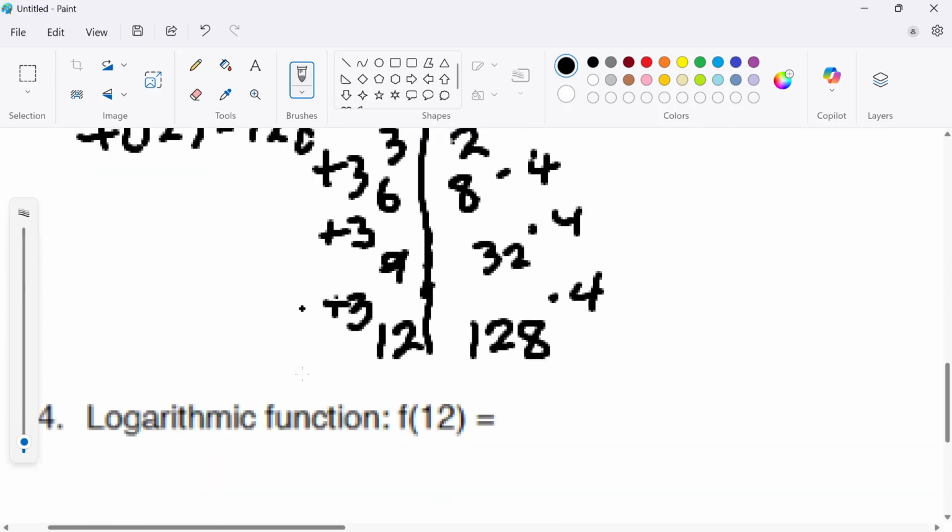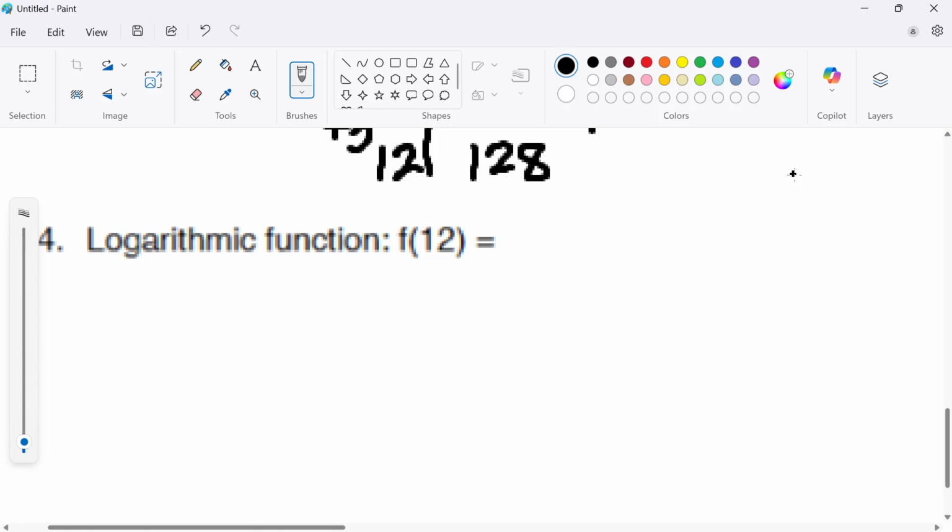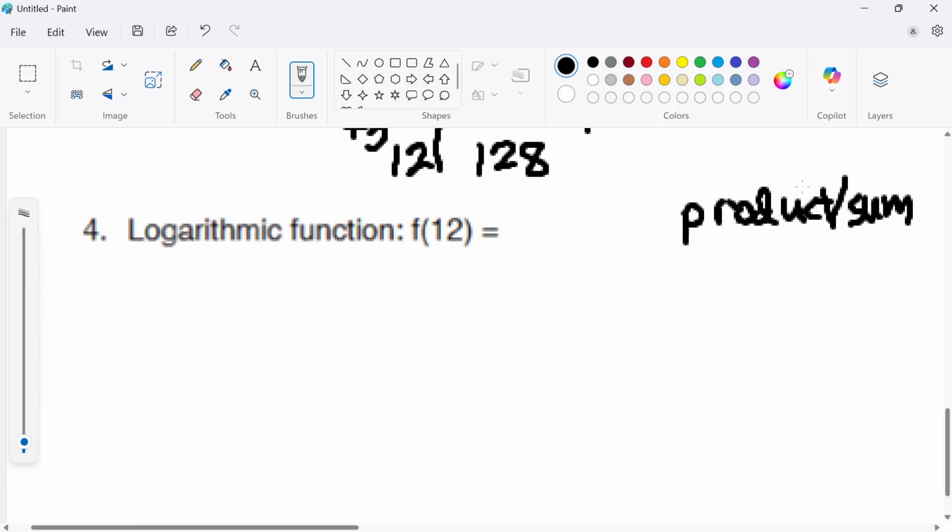Then I've got one more, which is a logarithmic function. This one is product, sum. Now, I didn't look at the notes to see where this was explained, but hopefully this is what was learned. Here's x and f of x. When x is 3, f of x is 2.